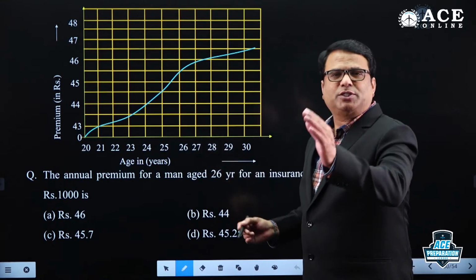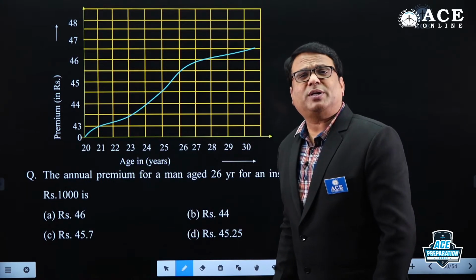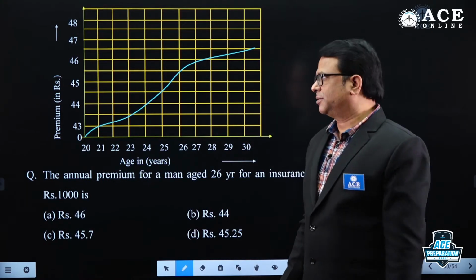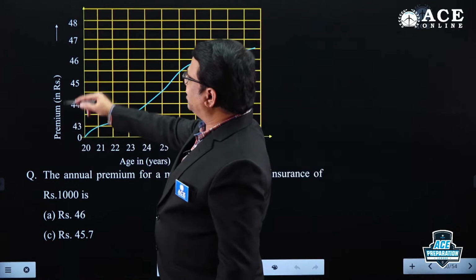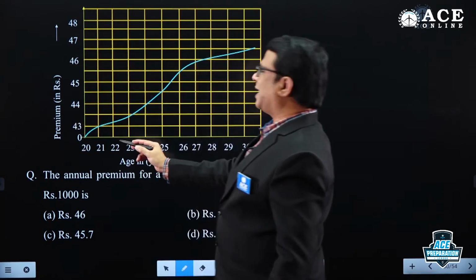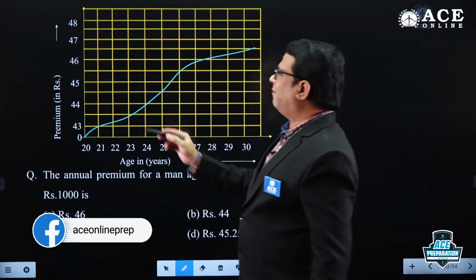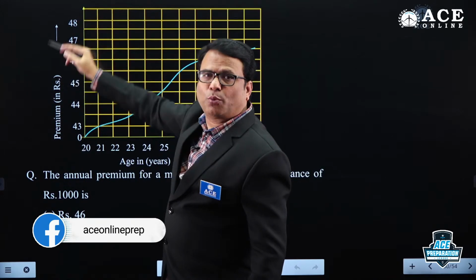So for each age group, how much is the premium, for how many rupees insurance? For 1000 rupees insurance. Okay. And what is given in the y-axis? Premium in rupees. So x-axis gives the ages, and y-axis gives the premium in rupees.